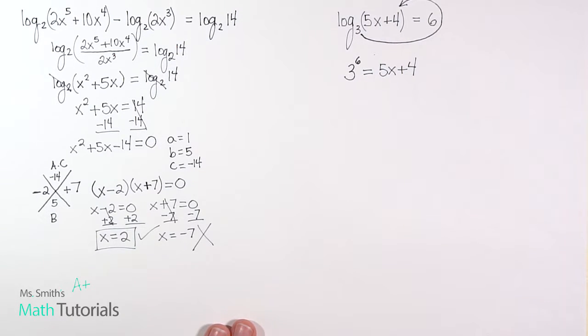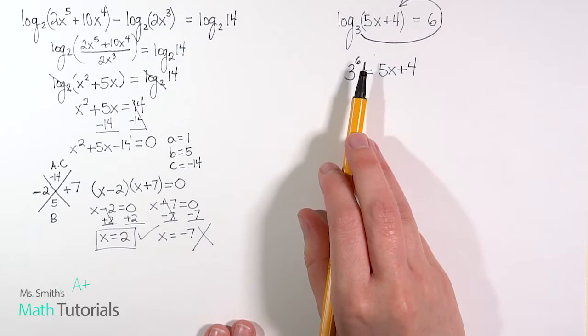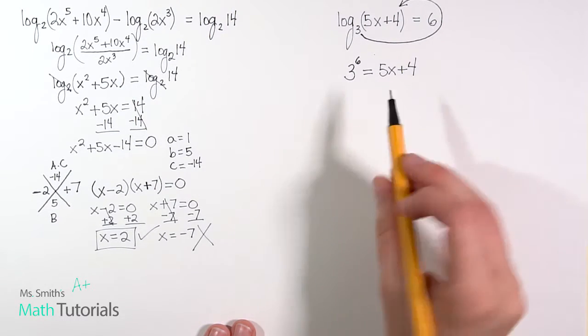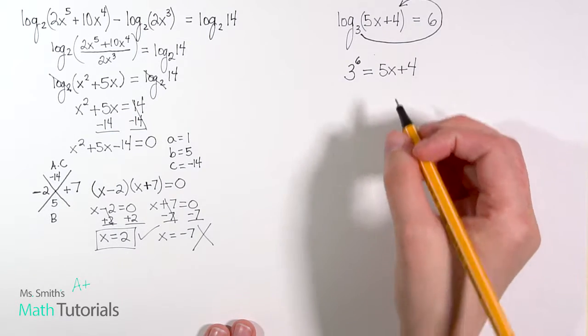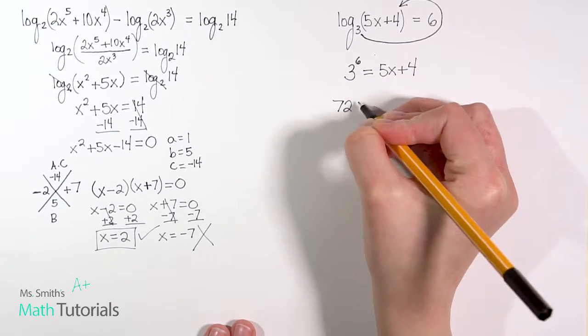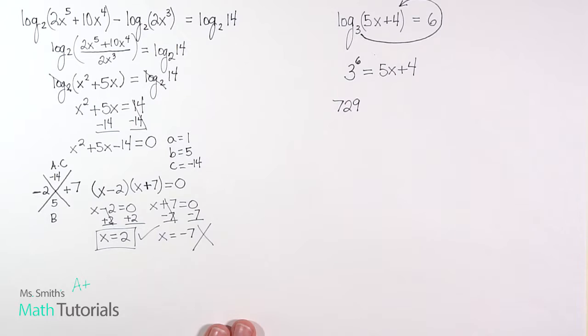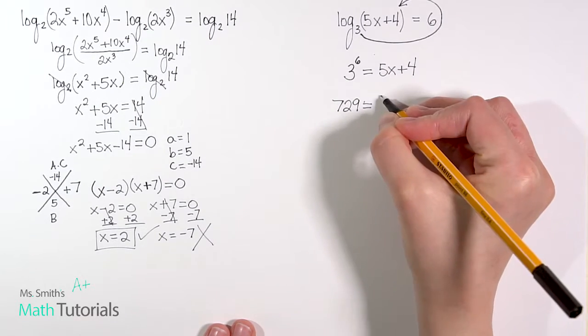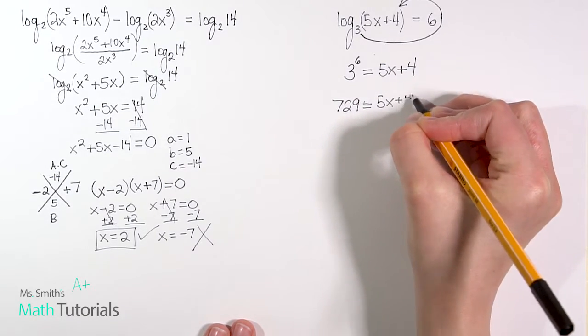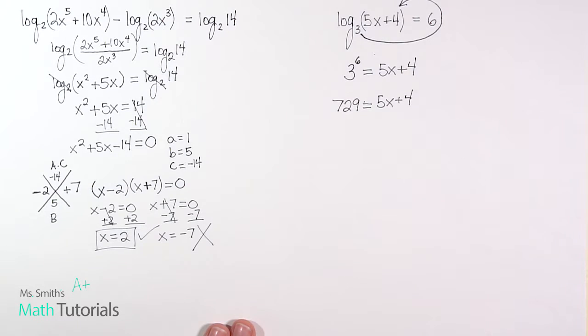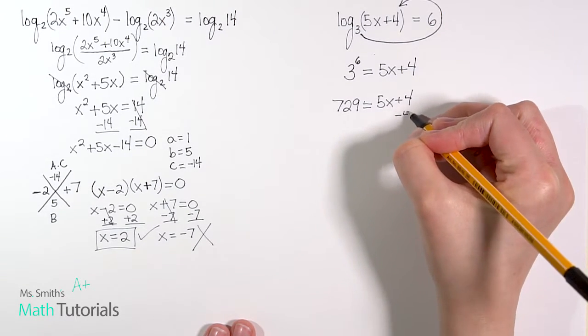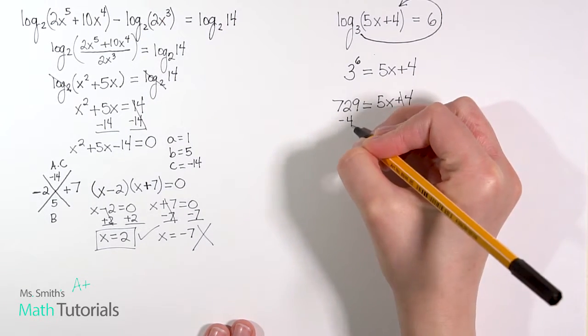Now from here, it's just basic solving. So I would want to reduce what is 3 to the 6th power. And it is, if you were to put it in your calculator, you get 729 equals 5x plus 4. Now from here, we just use our basic solving rules. So we would subtract 4 from both sides.